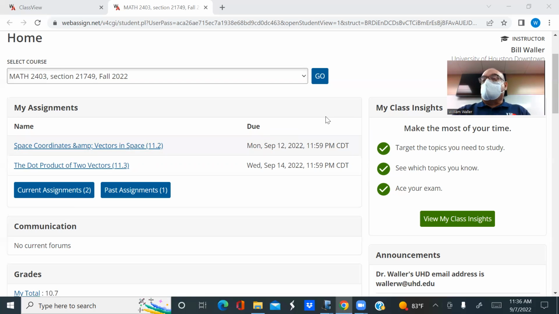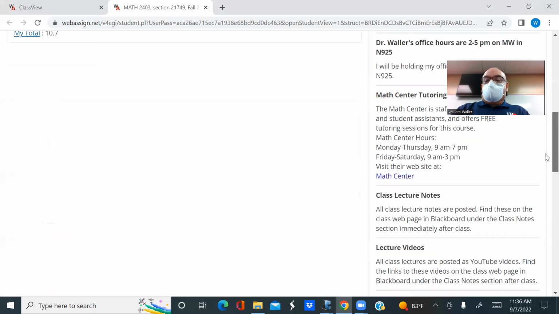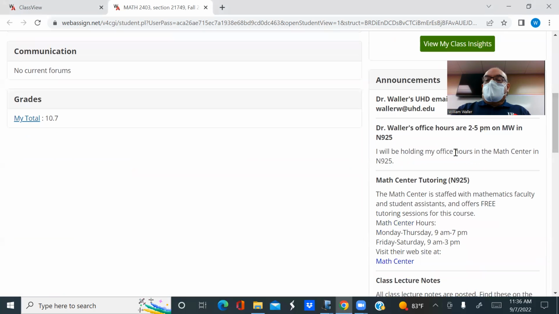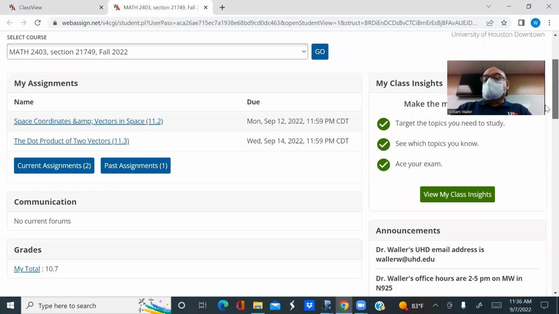Just go to this Math Center page. Where is that? Right here. Yeah. Okay. Go to this link and you can make an appointment. You have to follow the instructions there. They're a little bit convoluted, but follow the instructions there to make an appointment with me, or you can just come see me in my office before class.